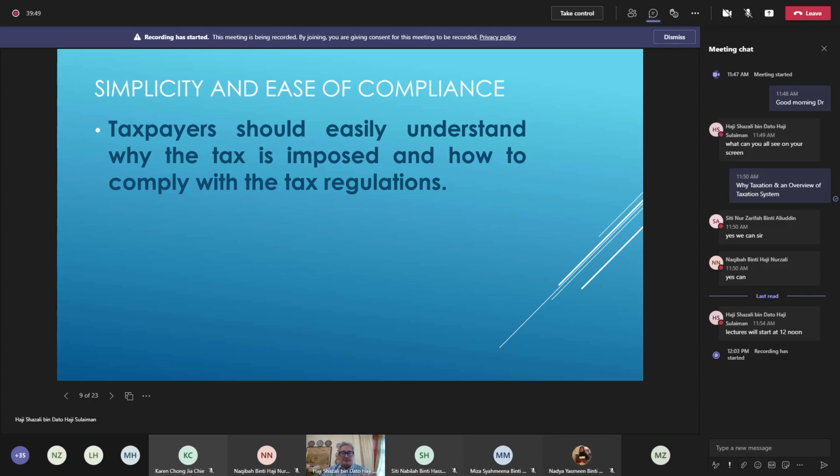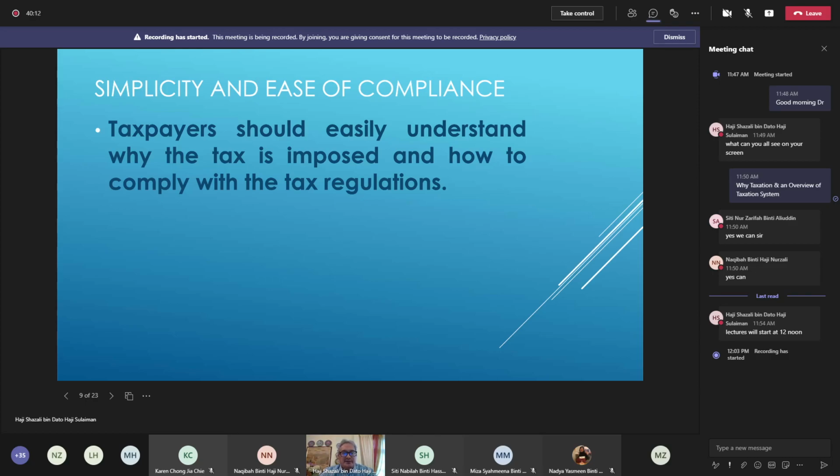Then the whole part of the Income Tax Act is already enacted and enforced. So we don't have to redo the taxation law in Brunei because it's already there. And the important thing is it has to be easy to understand and easy to comply with. So whatever tax system the government recommends should be easy to follow and easy to understand.